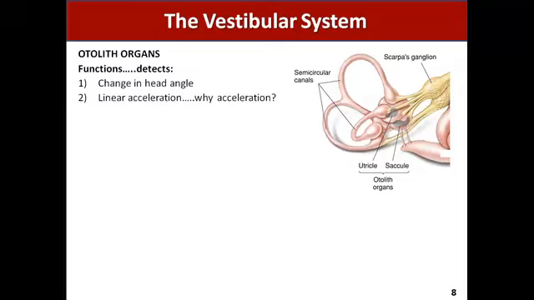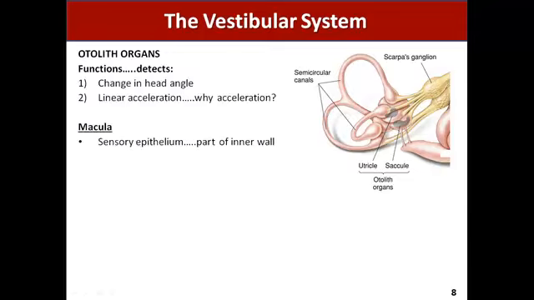So when our body and our head experiences an acceleration, that will result in the imposition of force on these structures, and it's going to require that application of force through body acceleration to cause a change in the position of the hair cells, which is what we'll see on the next slide.